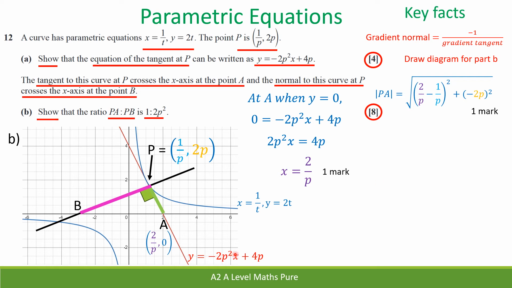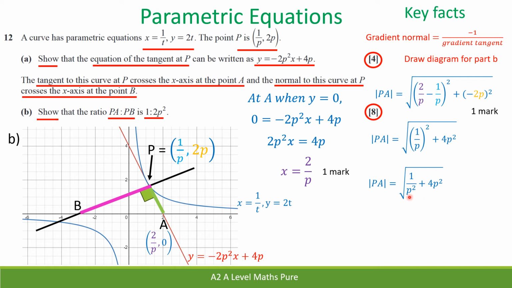It doesn't really matter which order you do them in as long as you use the same method for both of them. So 2 over p take away 1 over p is going to be 1 over p. The negative 2p all squared is just going to be positive 4p squared. So I've got 1 over p all squared, which is the same as 1 squared over p squared.